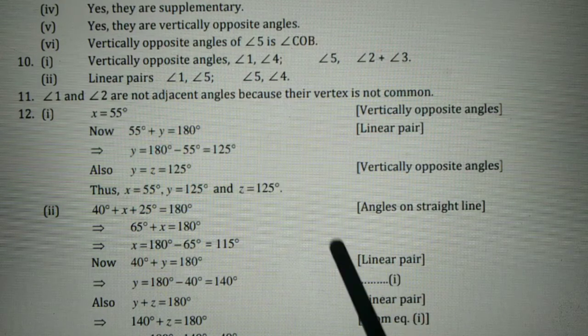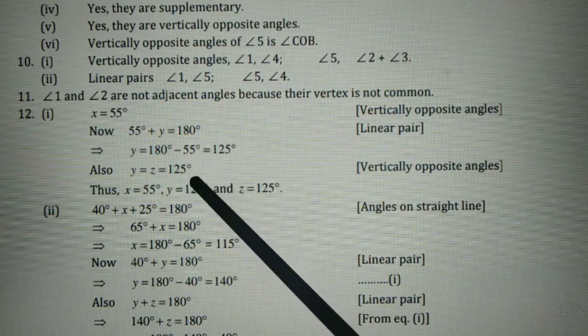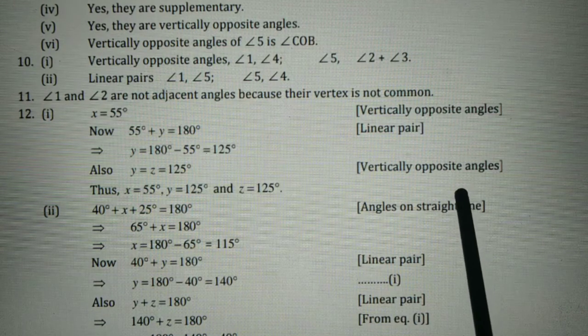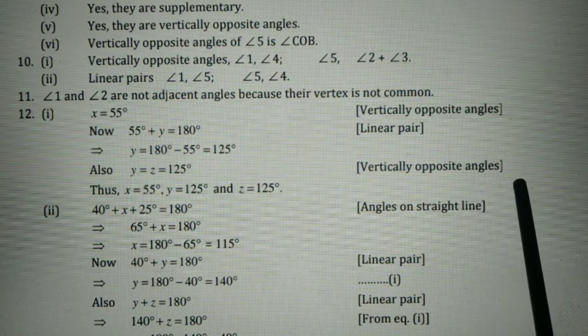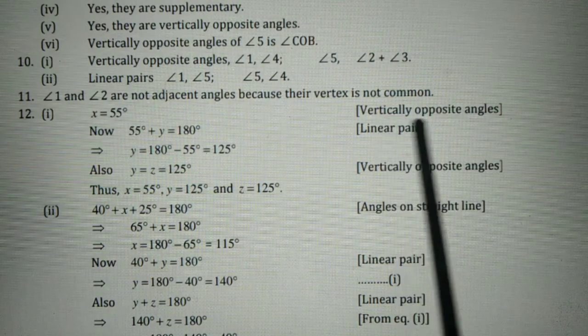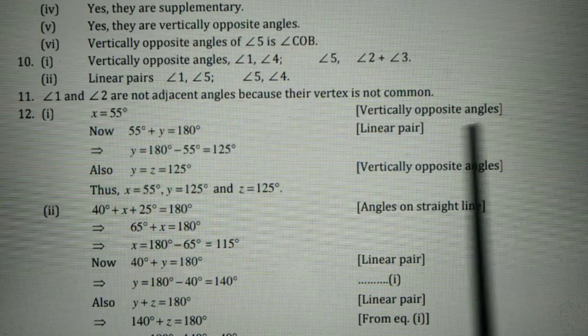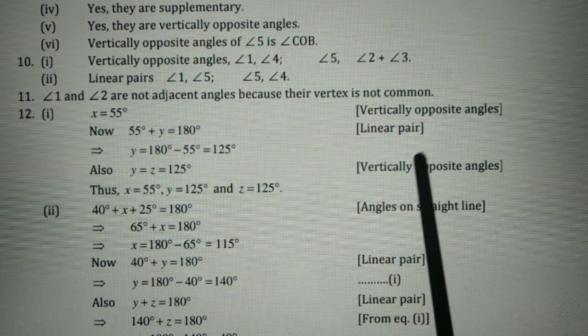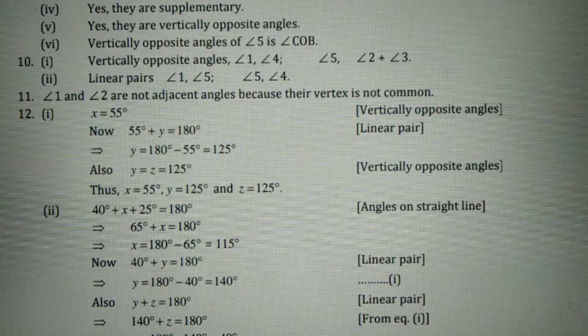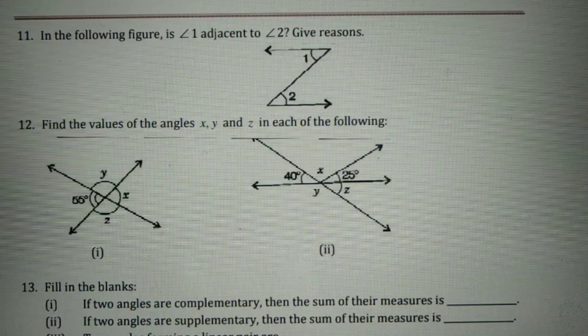Alright. Now next, Y is equal to Z because they are vertically opposite angles. So as I told you, the first property used is vertically opposite, the second is the linear pair, and the third is again vertically opposite angles. So by this method we can find out all the angles.